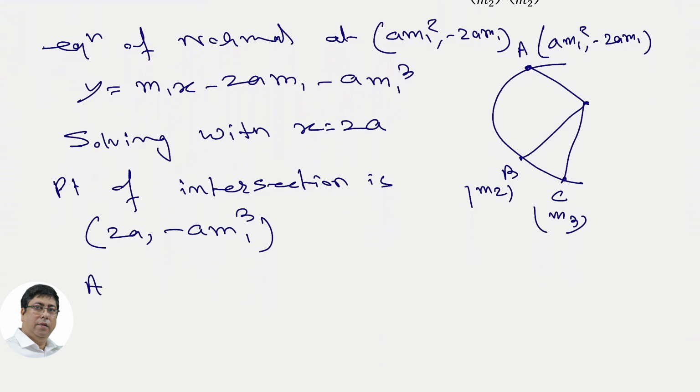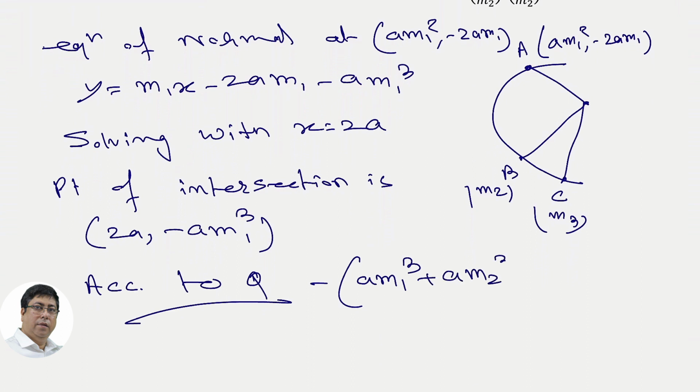So according to the question, they are in AP. So minus a m1 cube plus minus a m3 cube equal to 2 into minus a m2 cube.